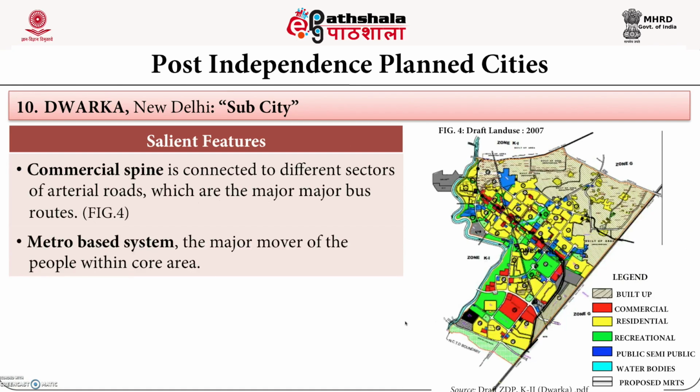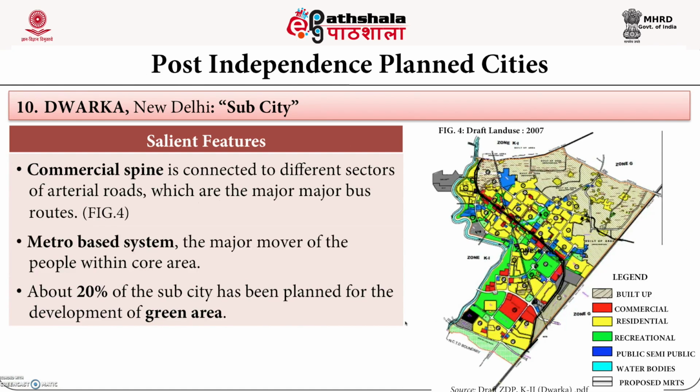So that's how the entire city is, as far as possible, covered by public transport. And about 20% of the sub-city area of Dwarka has been planned for the development of green areas, as we can see in this drawing.